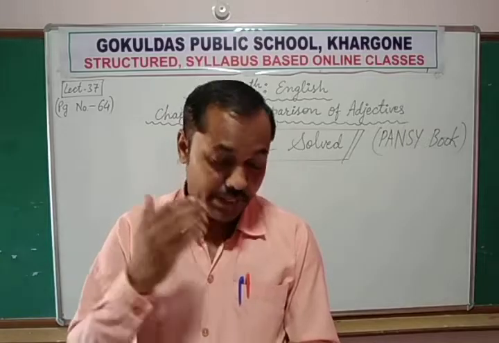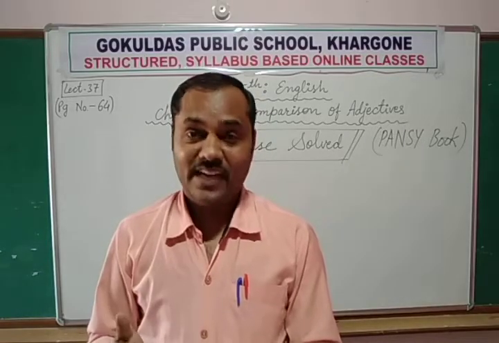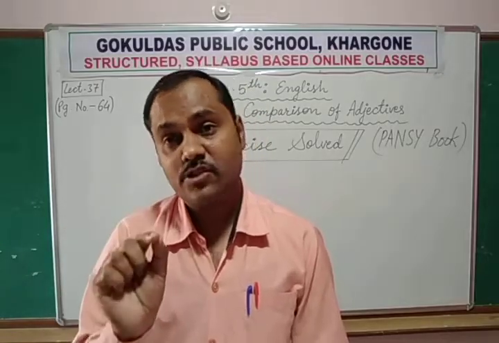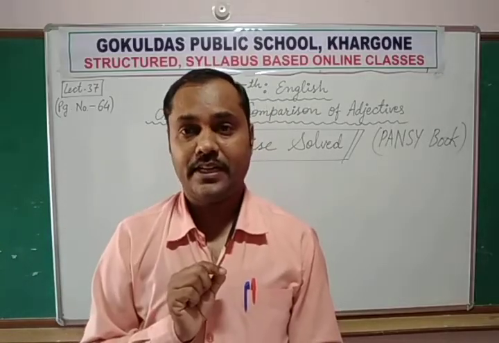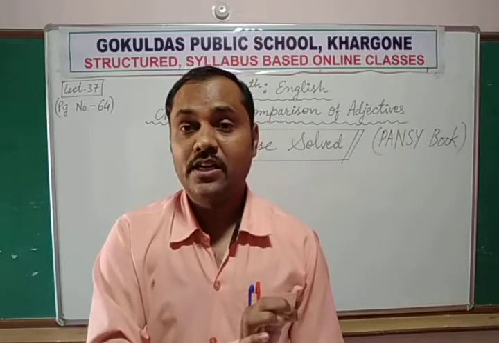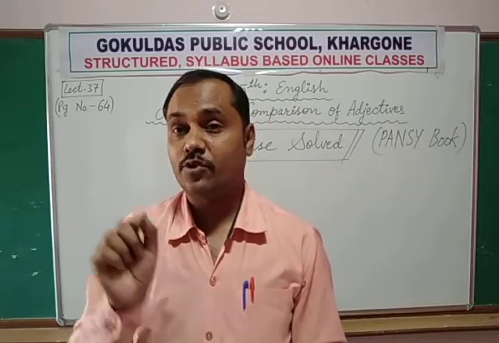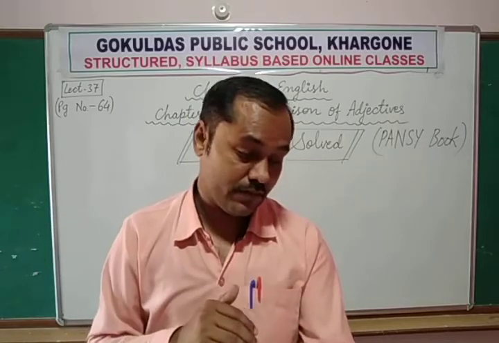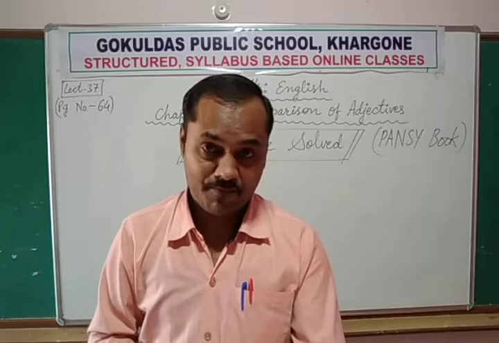Able. In this word, the letter E is already at the end. So we are not going to put ER or EST, because it would make the spelling double E-R.